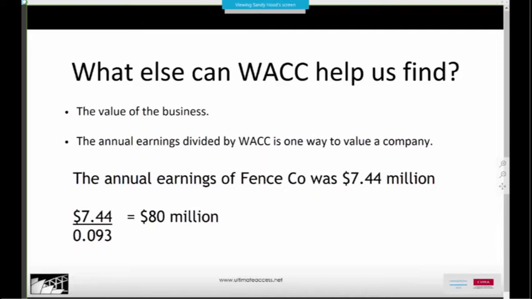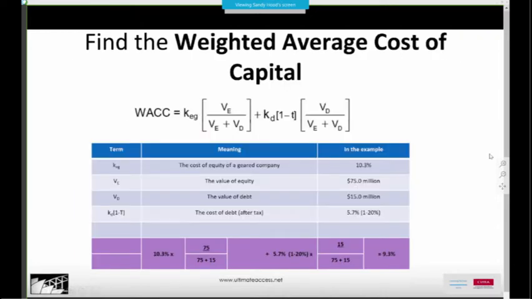So that will put a value on the company of 80 million. So here is our formula again, just showing the calculation.